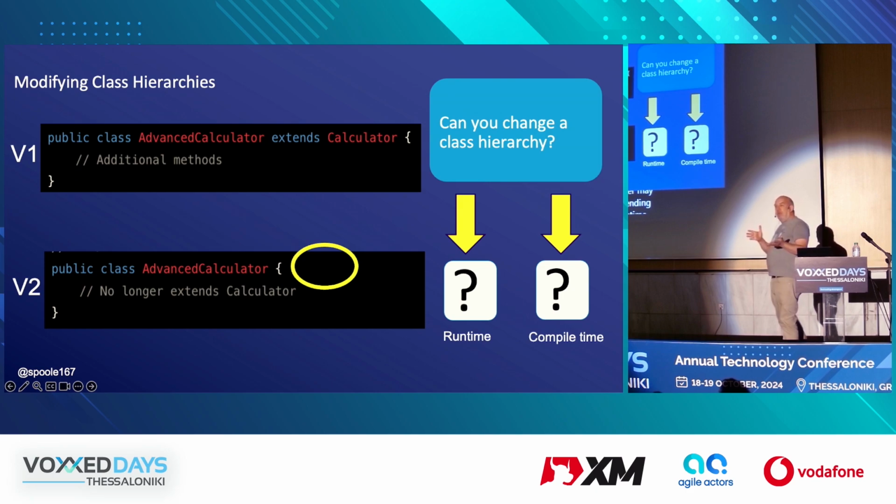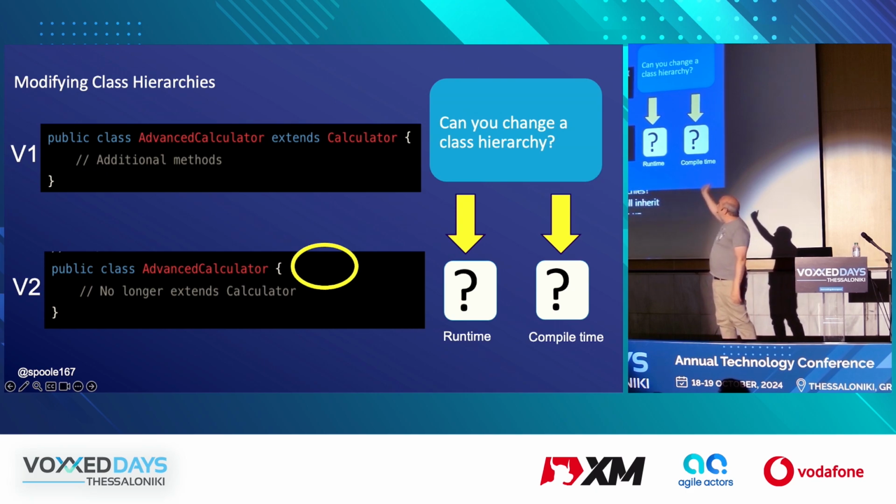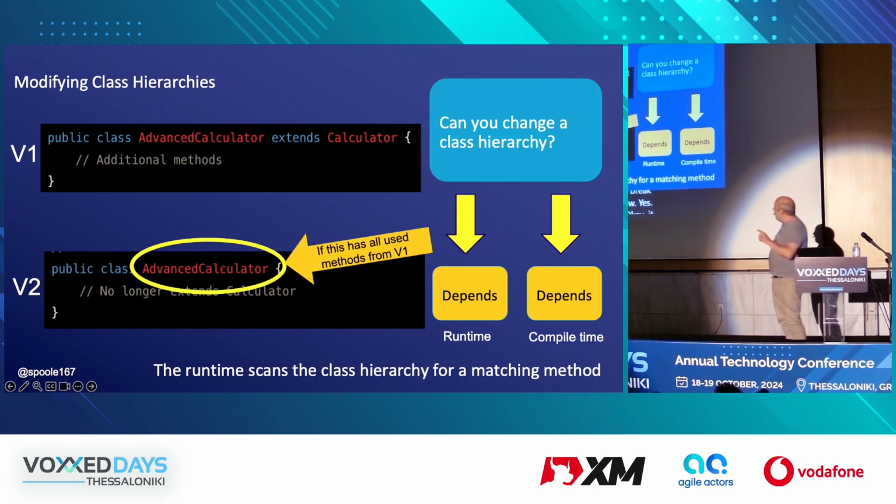What about class hierarchies? Class A, class B, class C, they all inherit from each other. So I have one up here called AdvancedCalculator, and it extends another one called Calculator. If I now have a new version of AdvancedCalculator that doesn't extend Calculator, I've removed that relationship. What's going to break? Will it break at runtime? Okay, it depends.